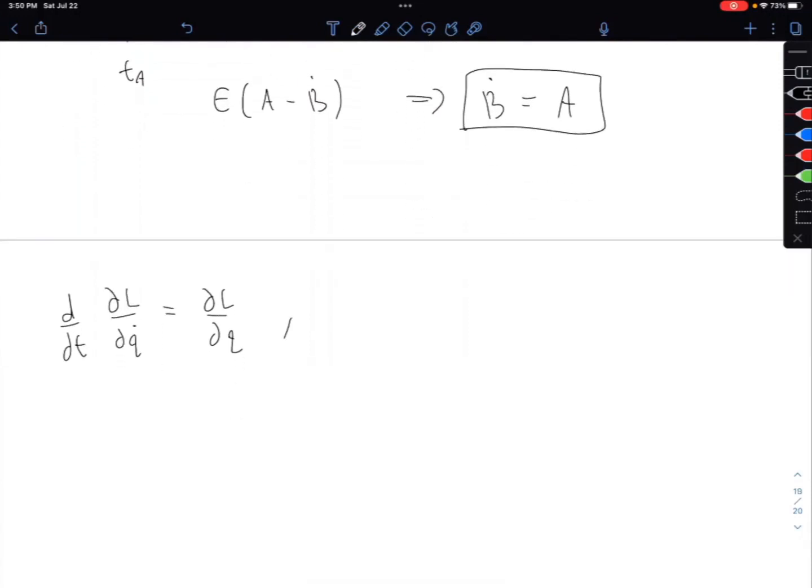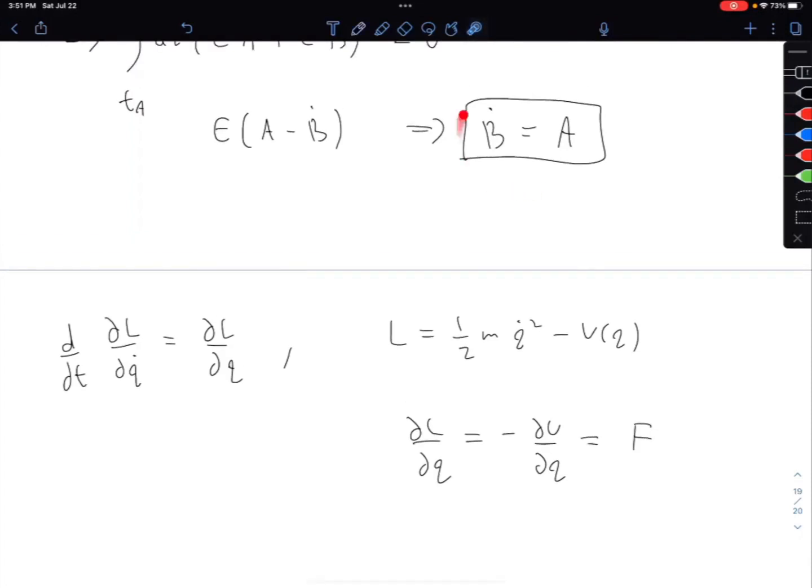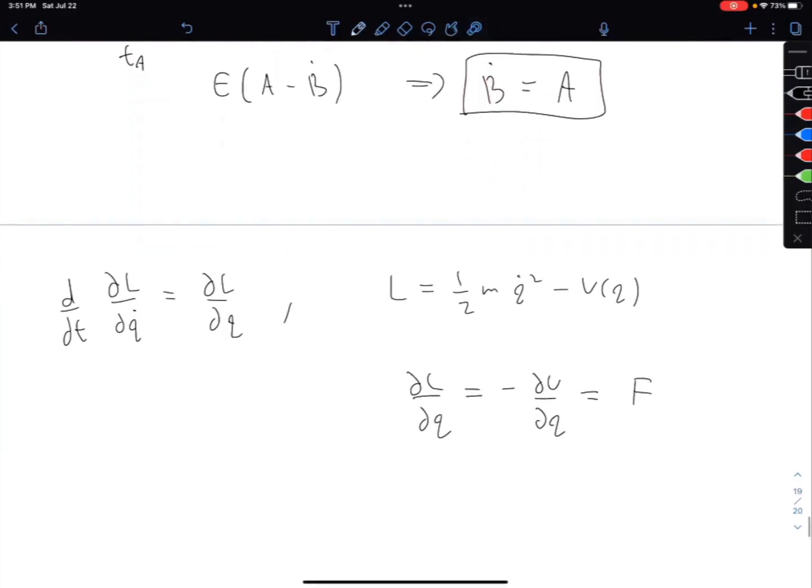In particular, suppose that you had L equal to 1/2 m q dot squared minus V of q. Then dL/dq will be minus dV/dq, which is just the force. Using this principle that when you don't have a symmetry B dot is A, you can show that dP/dt is just the force.